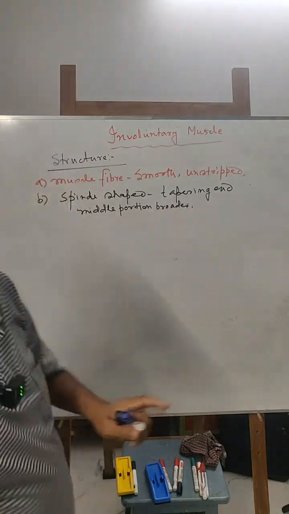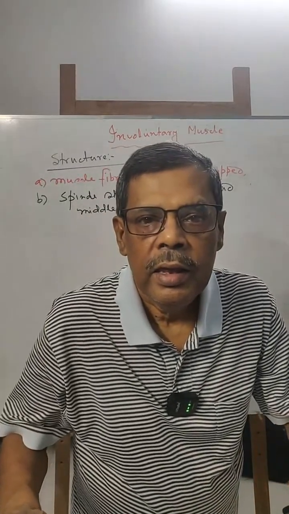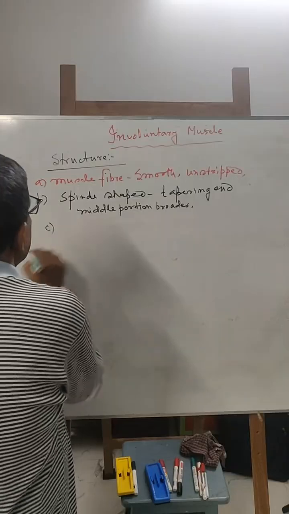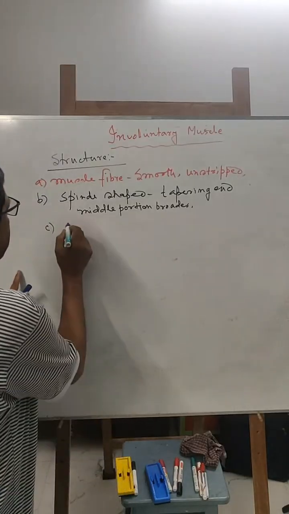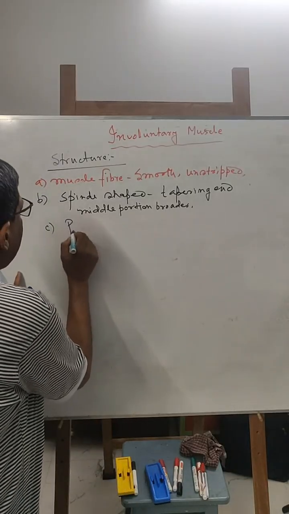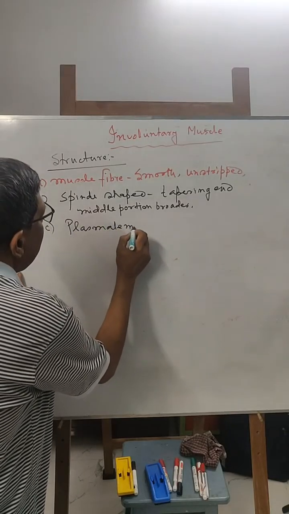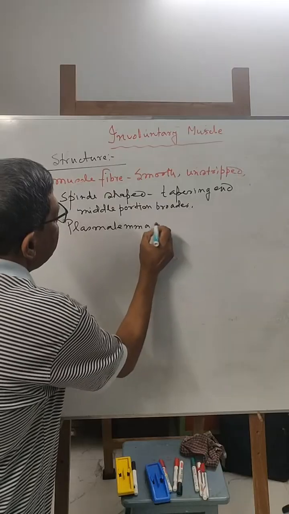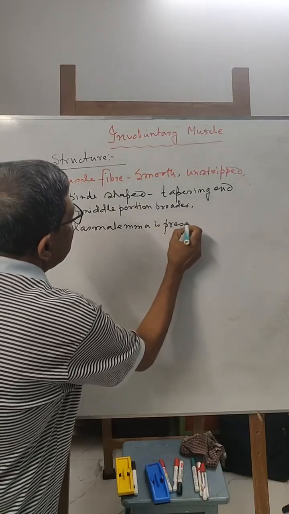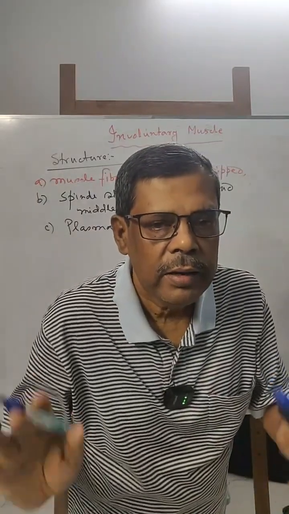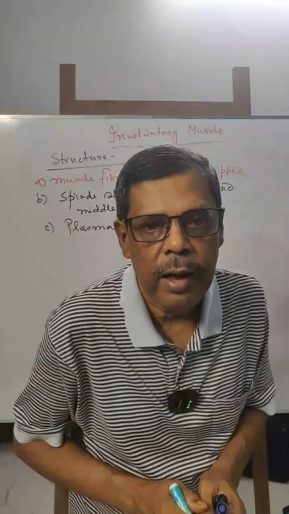C: Plasmalemma is present. Sarcolemma is absent; there is no sarcolemma, it is called plasmalemma.